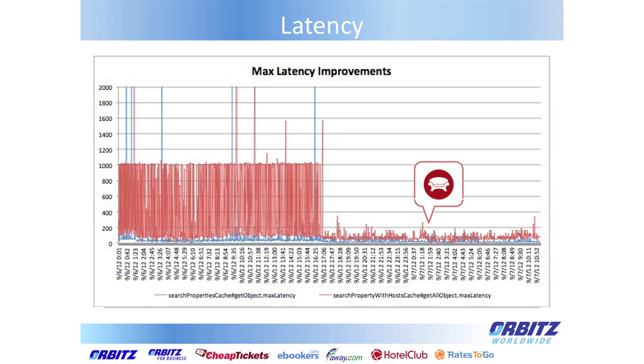So for latency, this particular graph comes from an in-house product called Graphite, which is open source. We're able to use the REST API for Couchbase, grab all the statistics and store them so that we can pull up graphs at any time. On the left side, you will see what our latency was. This was average latency improvements from the old product.